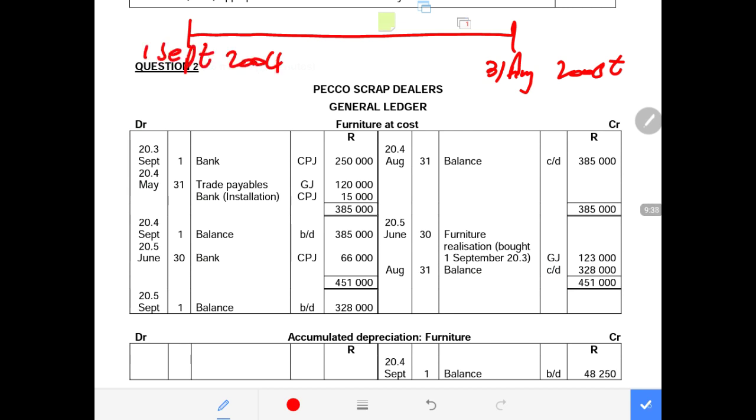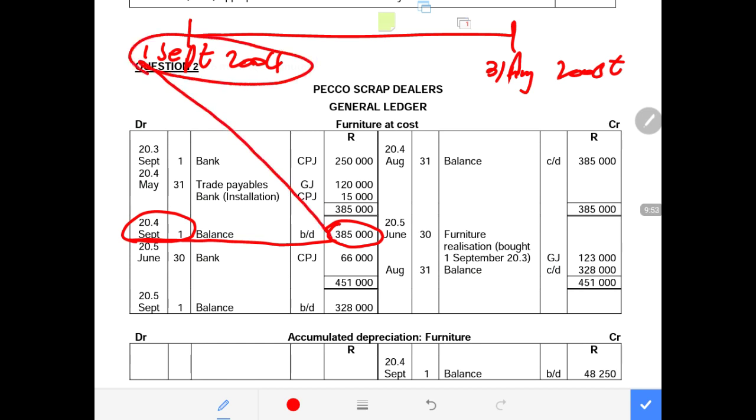This is the year that we are dealing with. Now we see the balance of 385,000 rands on the 1st of September 2004. This balance is at the beginning of the current year, which means this is the opening balance that we are looking for.